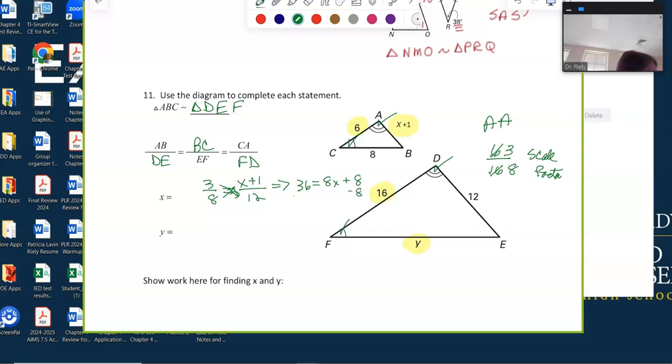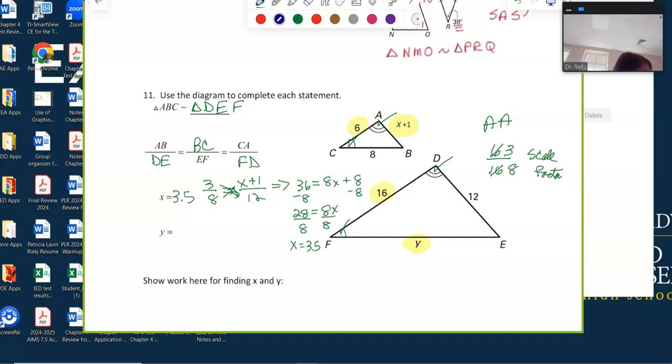Subtract 8, subtract 8. That's going to give me what? 28 equals 8x. It's not going to be a whole number, but that's okay. You can put it in your calculator, and you're going to get x is 3.5. So this is 3.5.